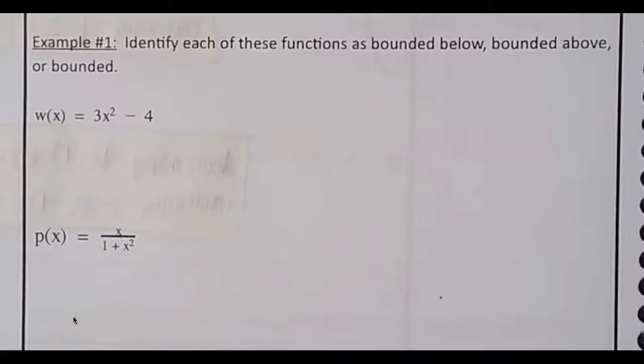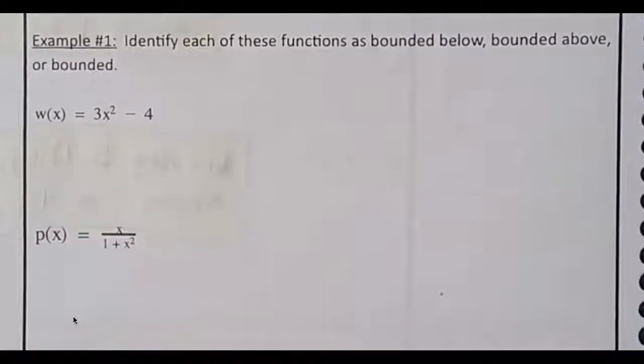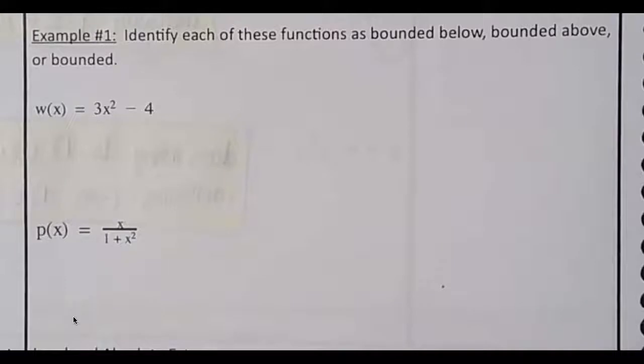Alright, I'm going to label this as, actually there's only 2 of them. Please graph these on your calculators and tell me if they are bounded above, bounded below, or bounded. Or none. Because there's only a few possible answers, you only have one chance to answer, so make sure your teammates agree with you. Well, it's either bounded above, bounded below, bounded, or none. You're doing both of them.